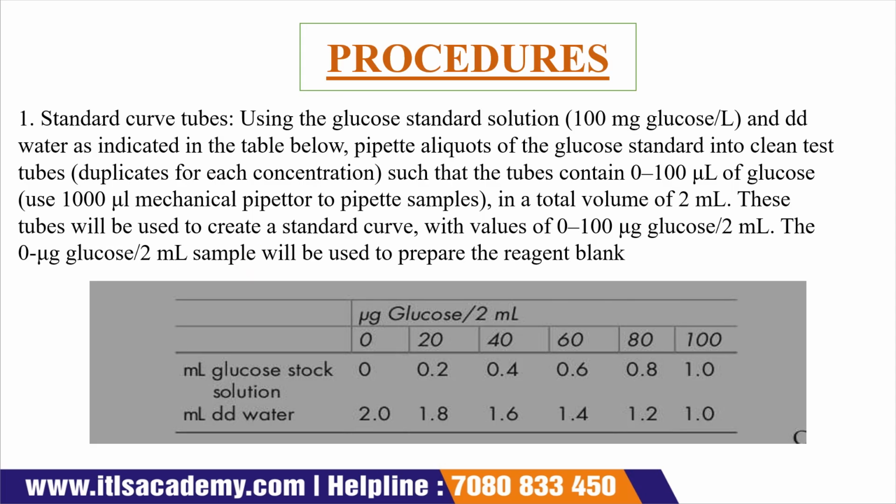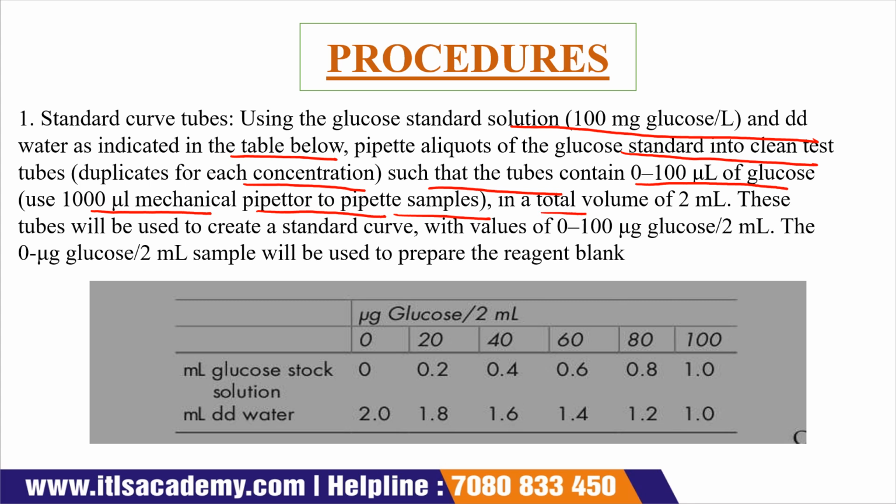Okay, so first of all, we require standard curve tubes. Using the glucose standard solution, add double deionized distilled water as indicated in the table below. Pipette aliquots of the glucose standard into clean test tubes, in duplicate for each concentration, such that the tubes contain 0 to 100 microliter of glucose, using a 1000 microliter mechanical pipettor.